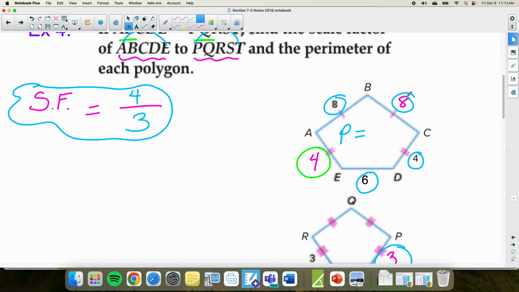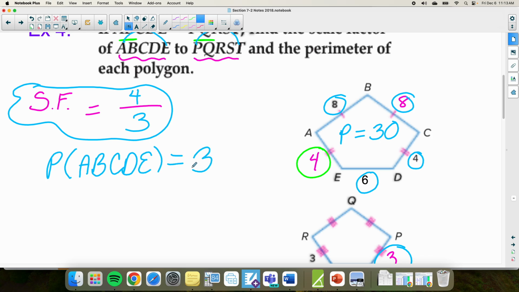So we could go 8 plus 4 plus 6 plus 4 plus 8, okay? That's going to give me what, 16, 20, 30? Is that right? Yep. So we're going to say the perimeter of A, B, C, D, E is 30. That's my second answer.